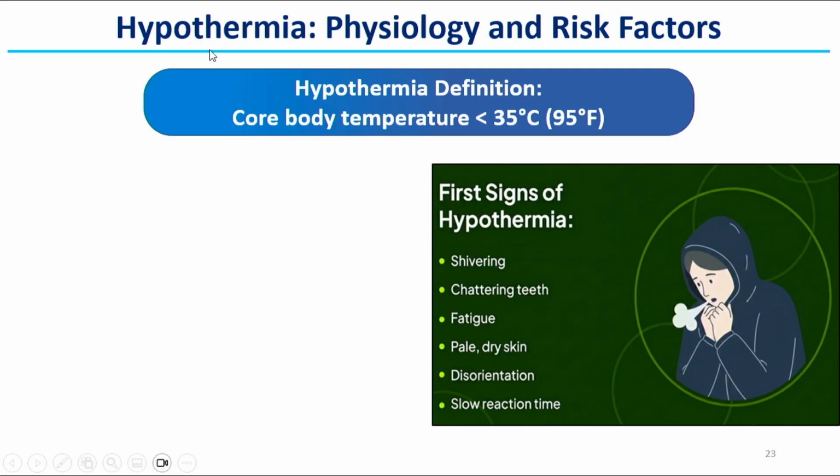Now, in a hypothermia situation, what are the physiological changes and risks? Hypothermia is when the body core temperature is less than 35 degrees Celsius, as mentioned earlier. The first stage of hypothermia is shivering. Through shivering, the body starts generating its own heat to increase the body core temperature.